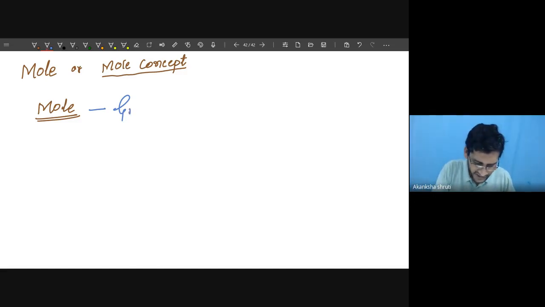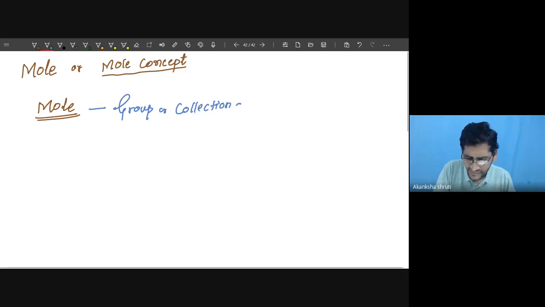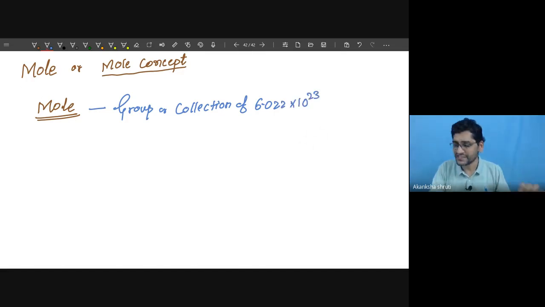It is a group or collection of 6.022 into 10 to the power 23 species or particles. Here I have used the term species or particles.